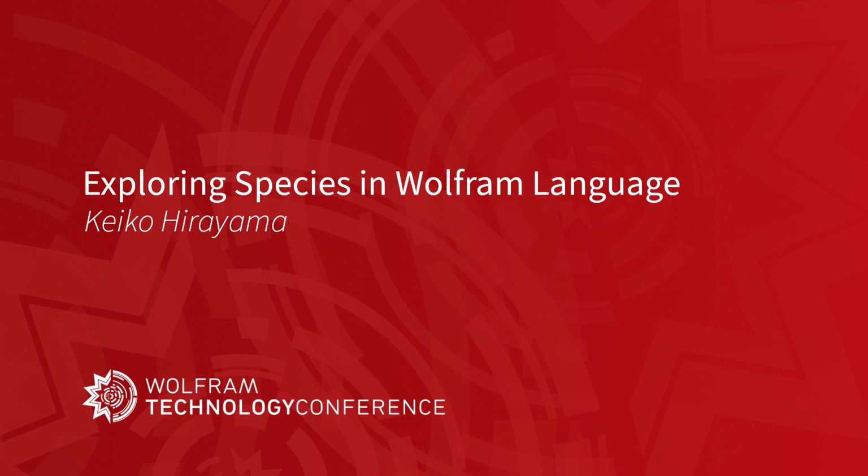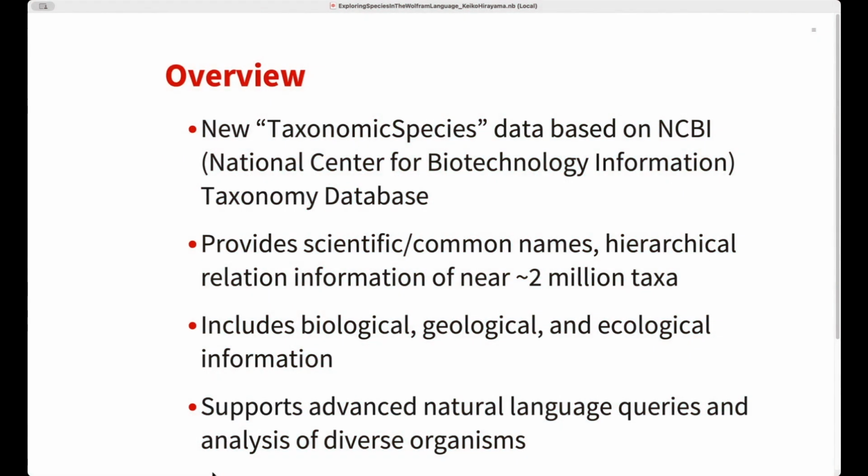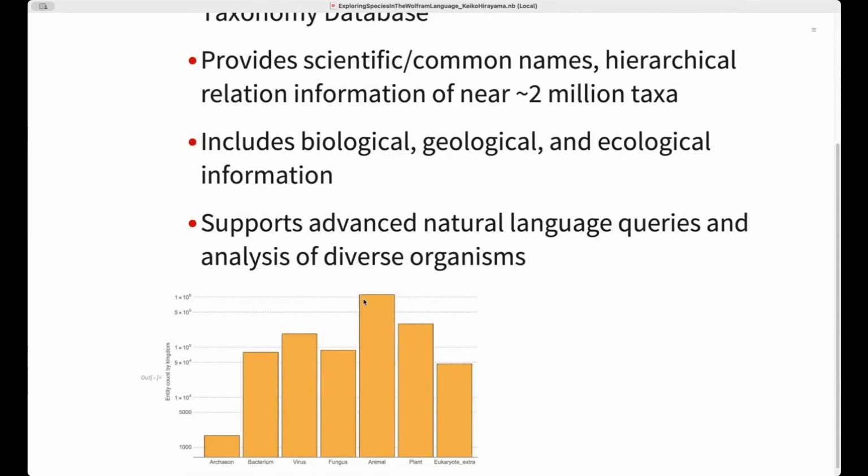Today I would like to share how we can use a new biology data collection to explore species taxonomy information in the Wolfram Language. We recently introduced a new entity data collection called taxonomic species, which is based on the NCBI taxonomy database, providing hierarchical relation information for over 2 million taxa, including not only animals and plants, but also fungus and other microorganisms as well.